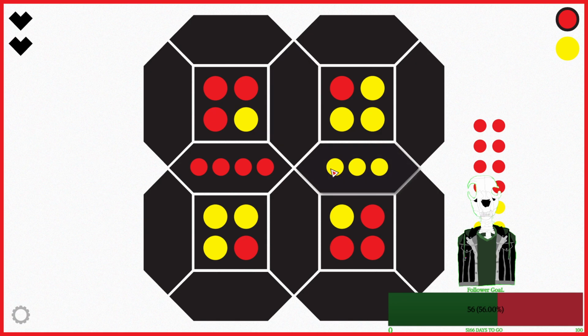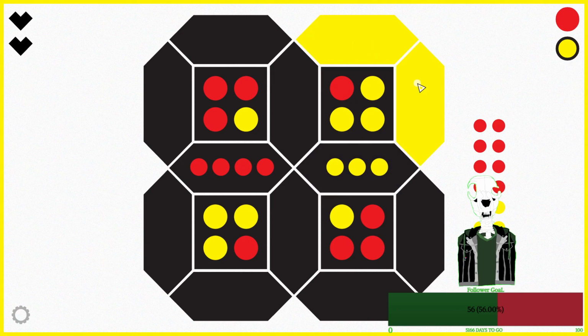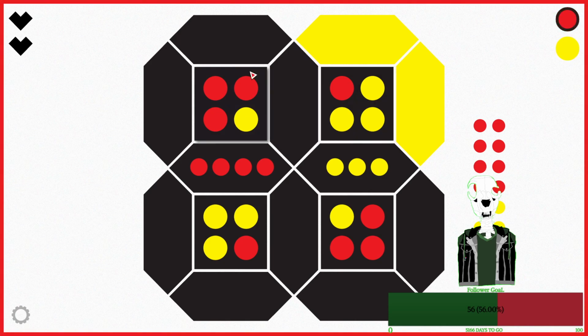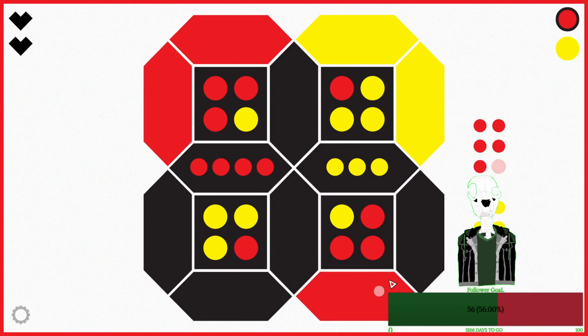Which means these two are probably both yellow. And that's true for this, where these two are probably yellow, one of the two. So those ones are probably red. In this one of these two is probably yellow, so these are both red.